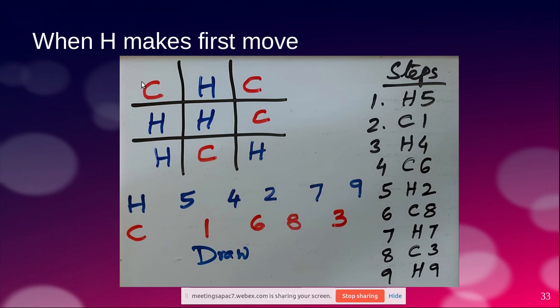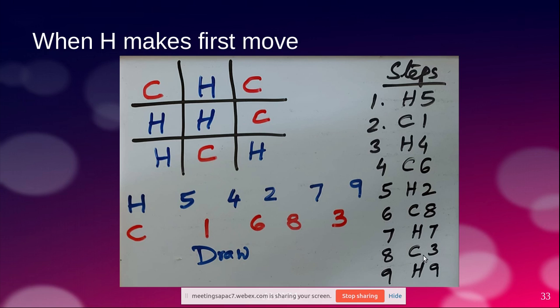The computer said go to 1, then the human selects 4 because 4 was there, definitely the computer should block this. Yes, the computer blocked 6. Then the human selected 2, wanting this column for winning, and definitely the computer is not going to allow it, so it selected here and did not allow this to happen.